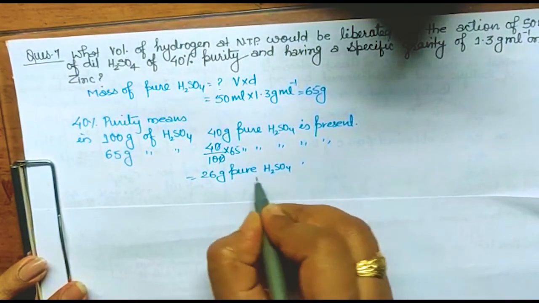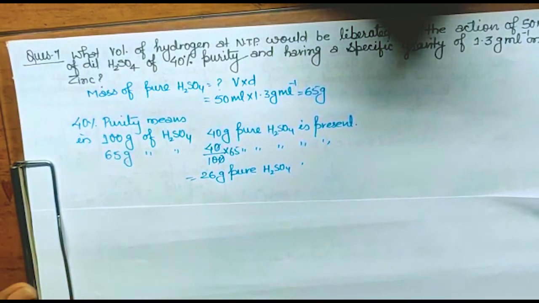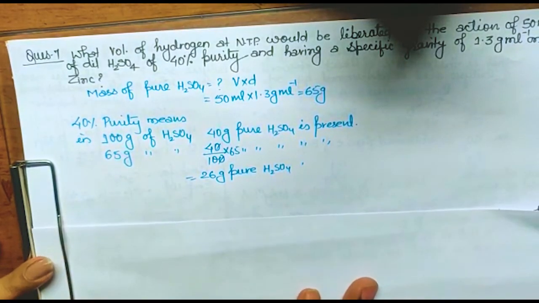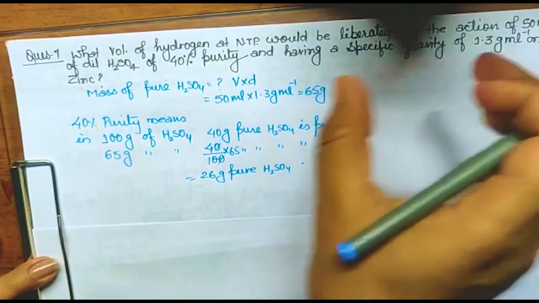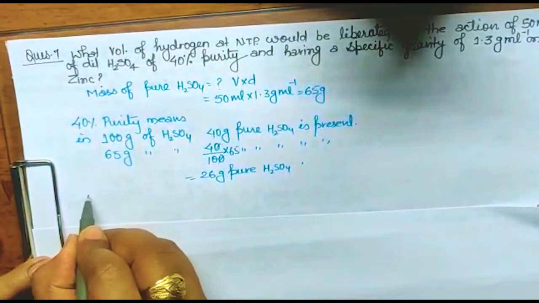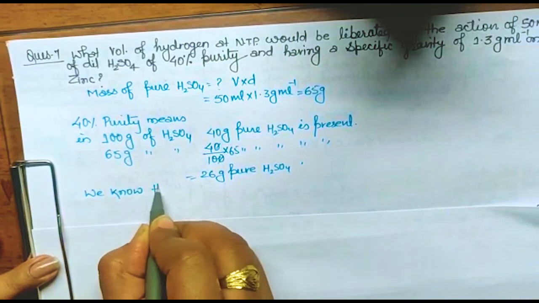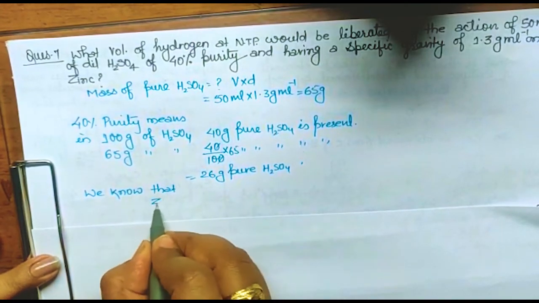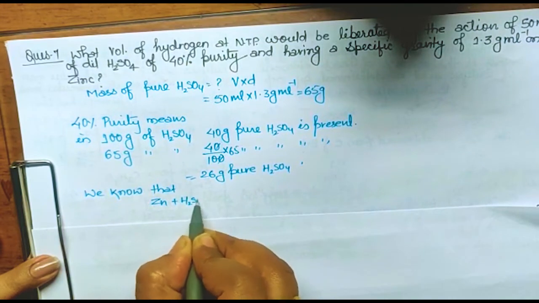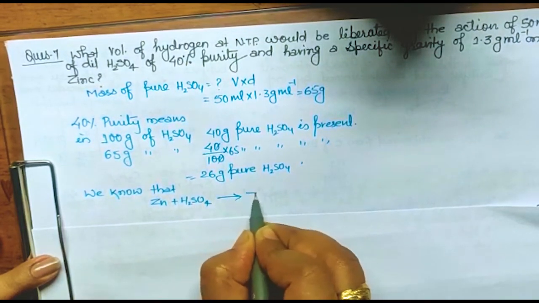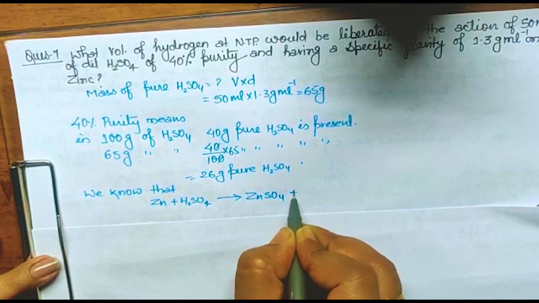Yes, okay. So now write the equation to see how much hydrogen will be liberated. So we know the reaction, yes, from class 10th: Zn plus H2SO4 will give you ZnSO4 plus H2, isn't it?